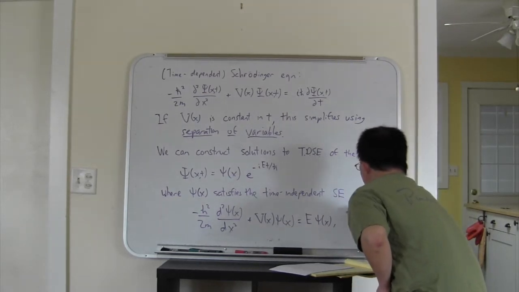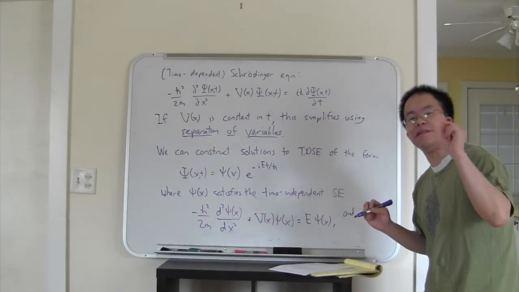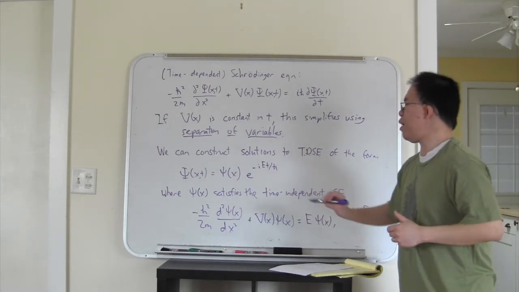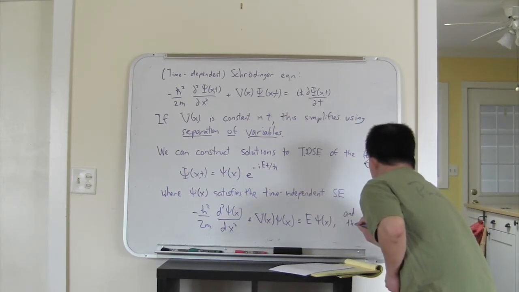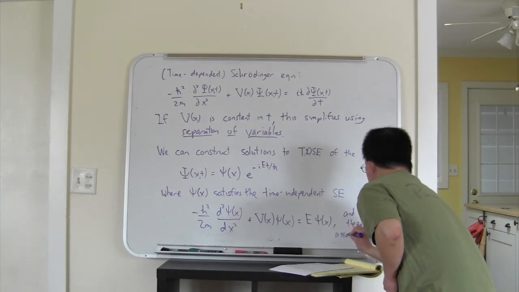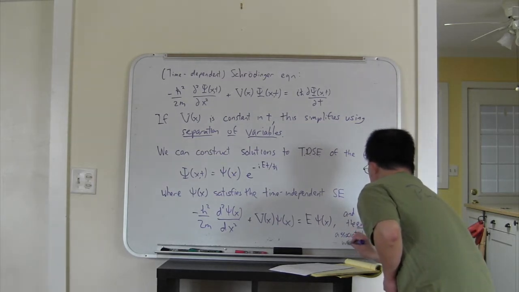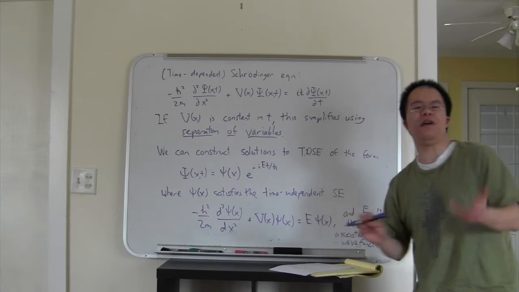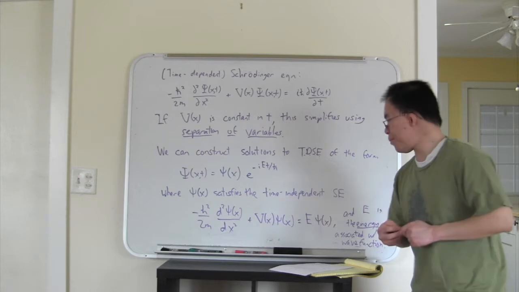E is a constant, but it turns out to be something really important physically. It's the energy associated with this particular wave function, so it's the energy of the system, the particle and whatever it's interacting with.